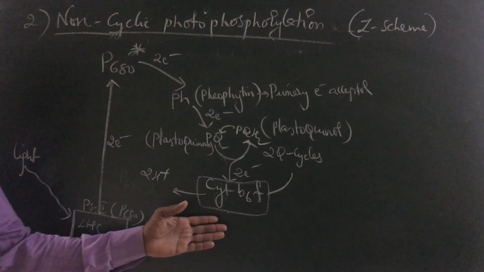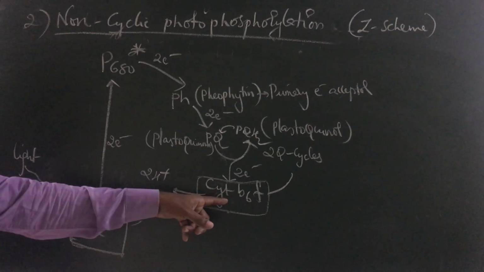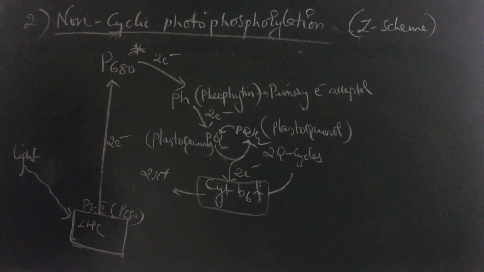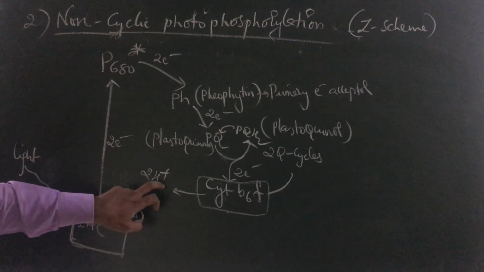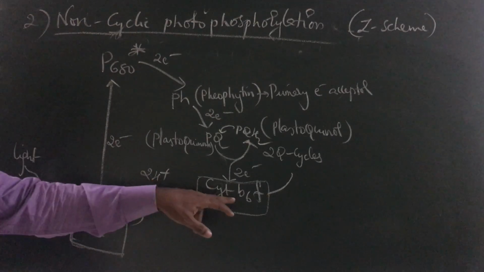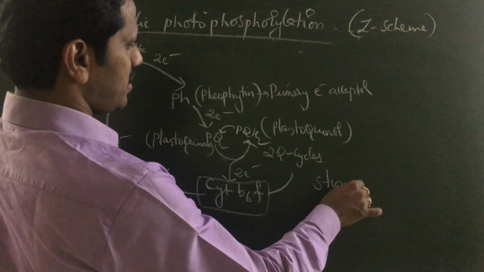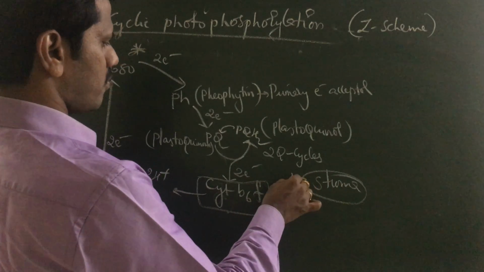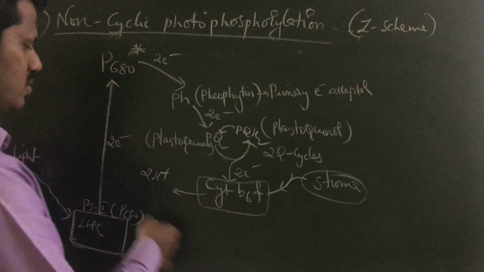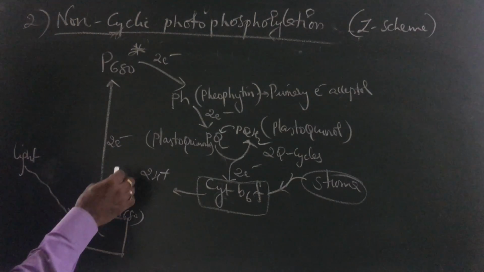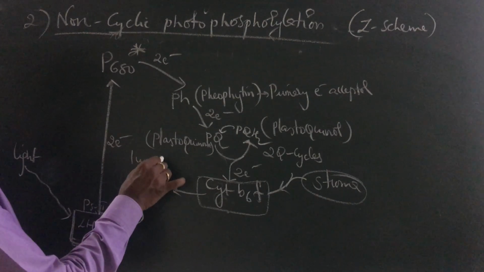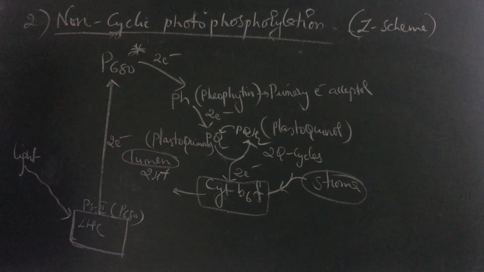The two protons move as the electrons pass through cytochrome B6F, because this is a proton carrier. From the stroma side, they move into the lumen side.